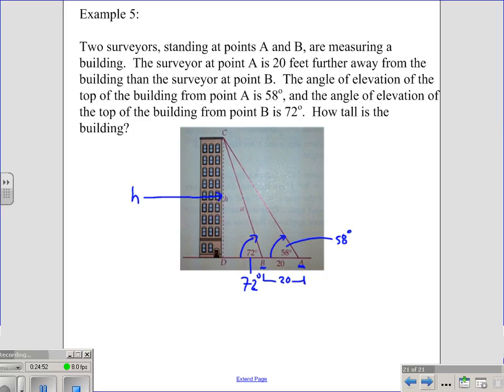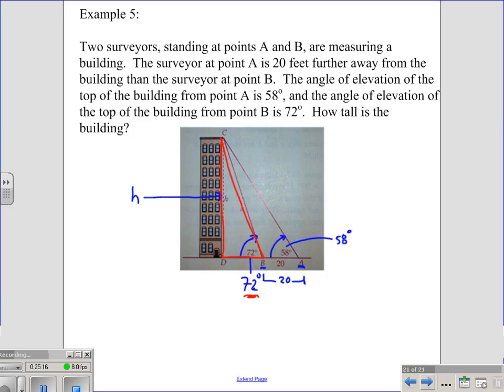Really what you're given is two separate triangles here. Given those two separate triangles, we definitely need more information in this triangle here, because you notice in this triangle we're only given basically one measurement, and that's this 72-degree angle here.